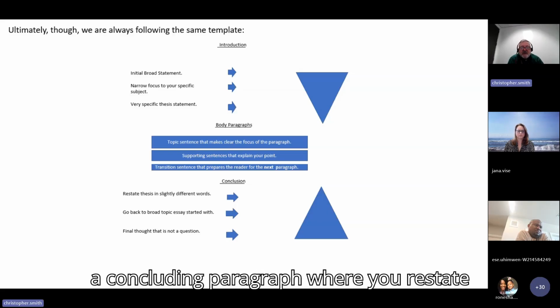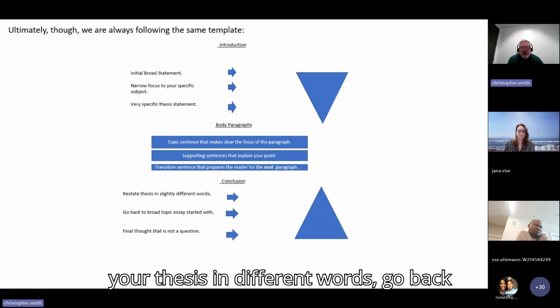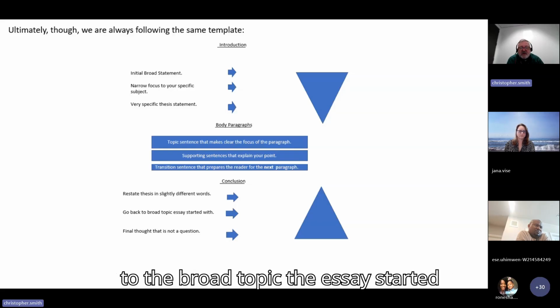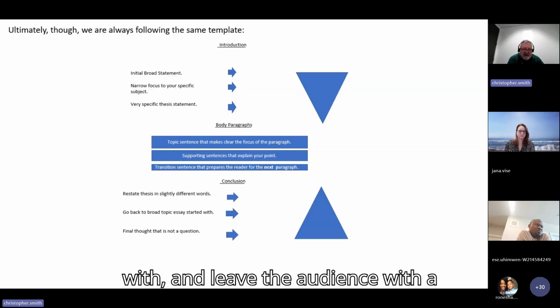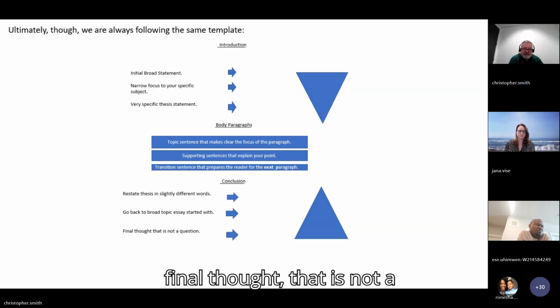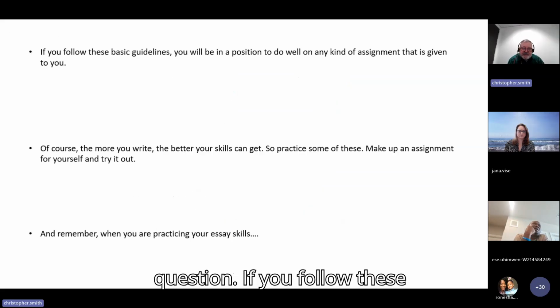Finally, leading to a concluding paragraph where you restate your thesis in different words, go back to the broad topic the essay started with, and leave the audience with a final thought that is not a question.